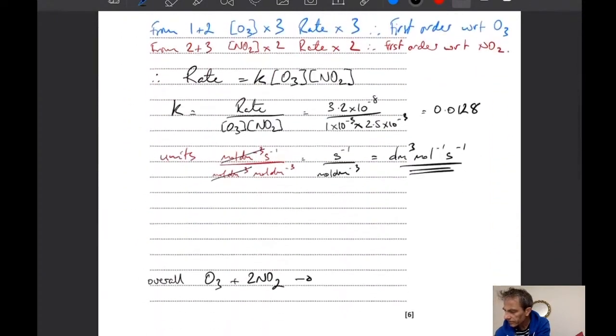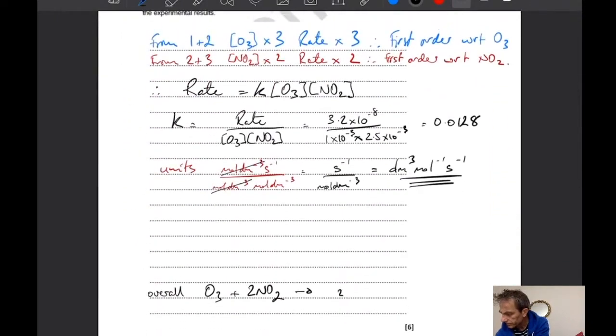N2O5 plus O2. Okay, and we need 2 steps. Step 1, step 2.